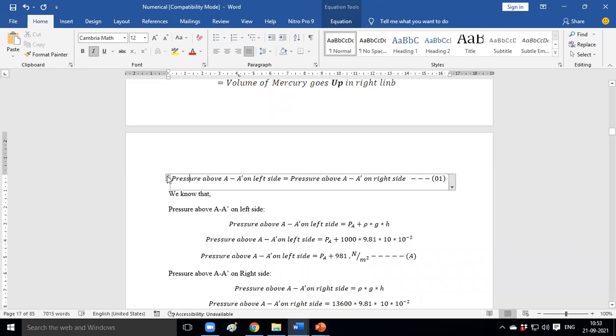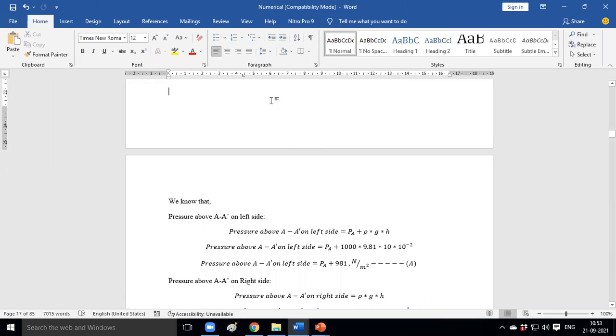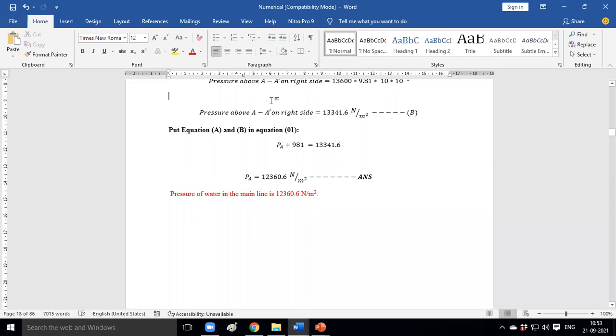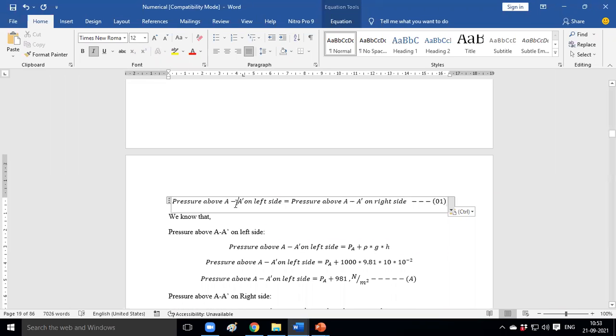The pressure above A dash is replaced by BB dash.